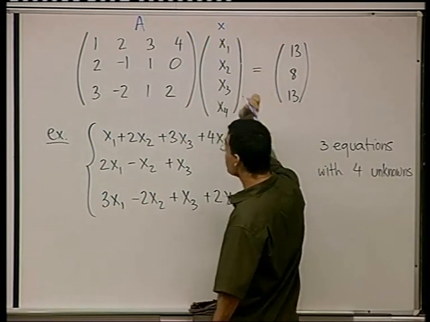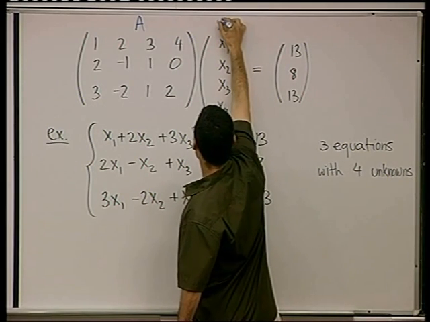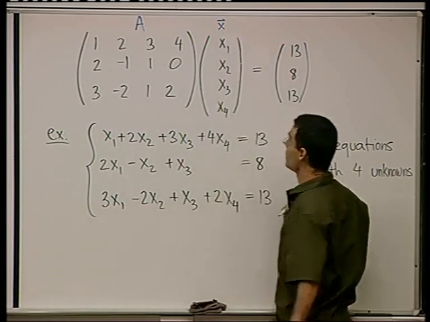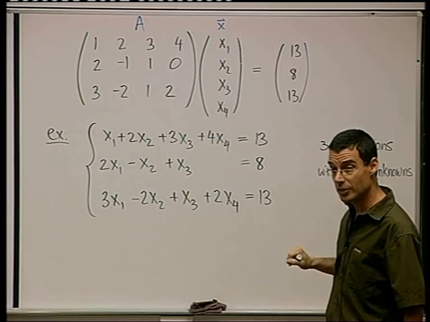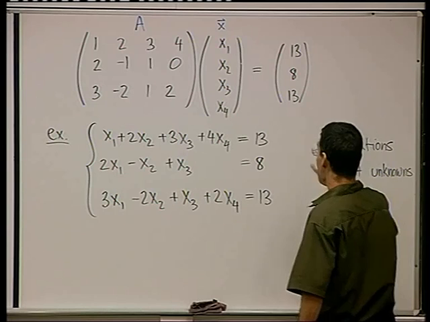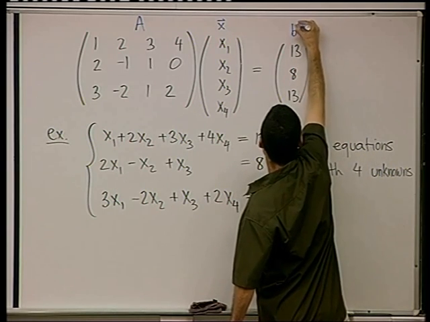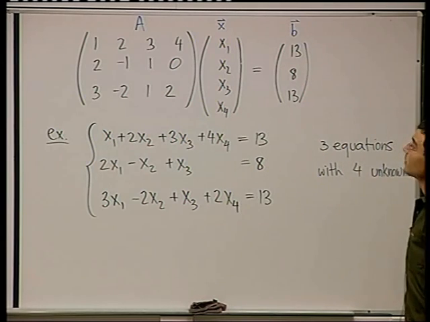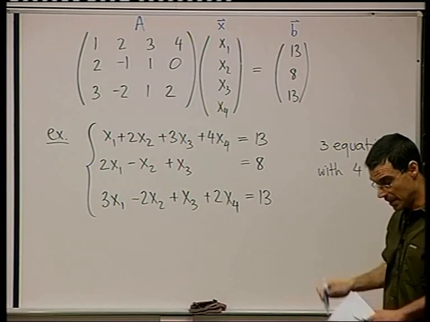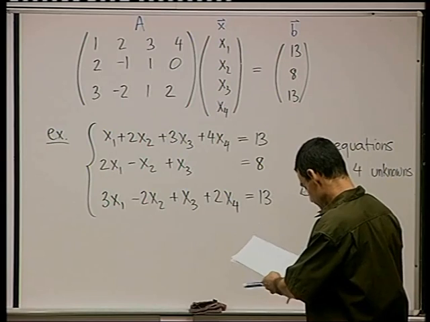And usually to indicate that it's a vector, we borrow notation from the geometric world of vectors, and put a little arrow over X to indicate that it's a vector. And this equals B. B is the vector of the constants. Okay? So that's how we denote it.